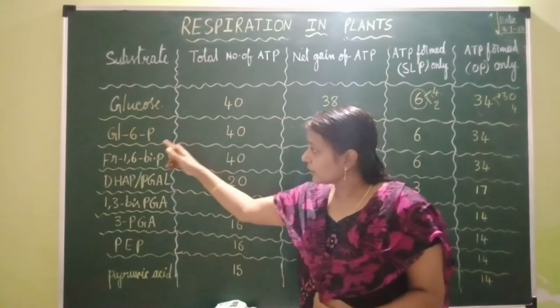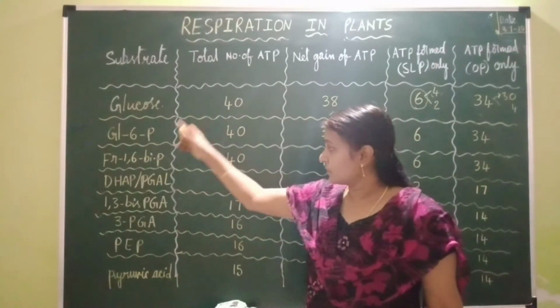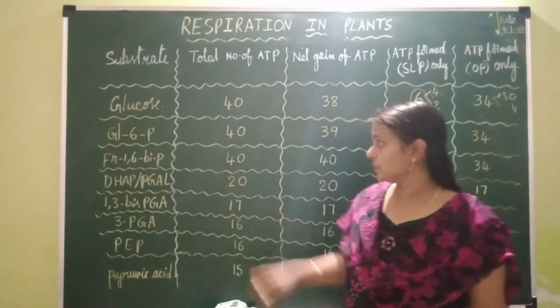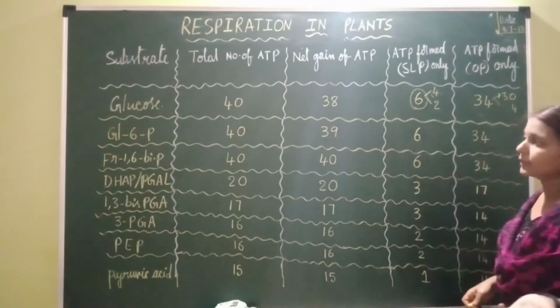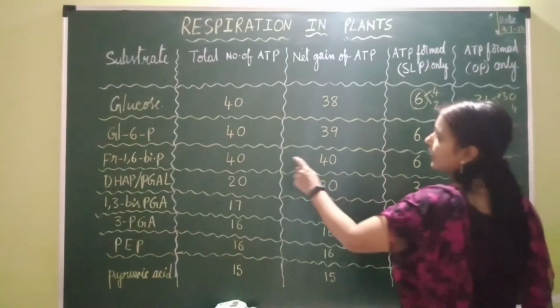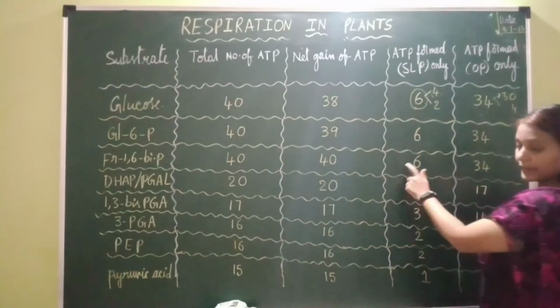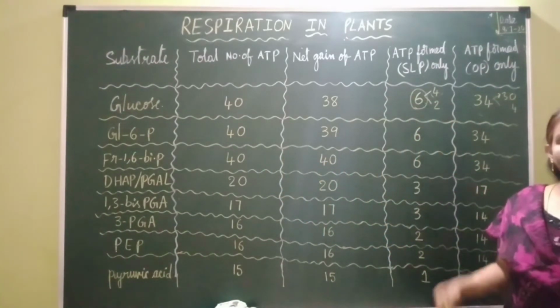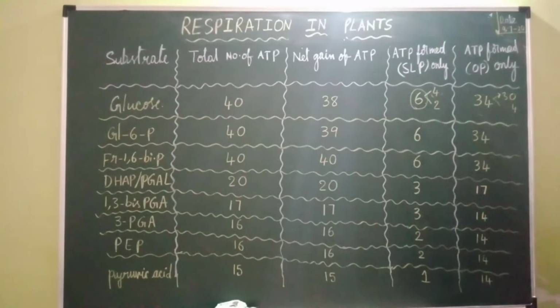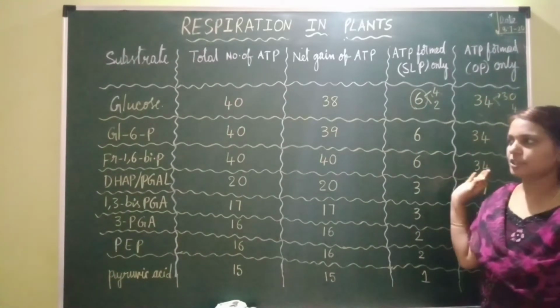If one molecule of substrate, that is one molecule of fructose 1,6-bisphosphate, undergoes oxidation through aerobic respiration, find the total number of ATP formed, find the net gain of ATP, find the number of ATP formed through SLP only, and find the number of ATP formed through oxidative phosphorylation only.